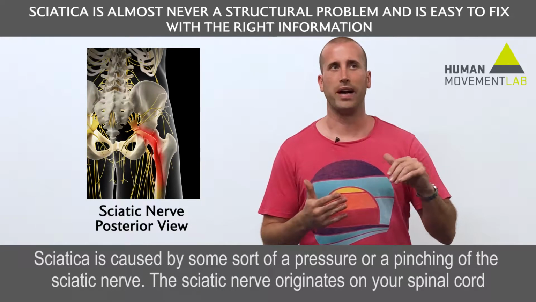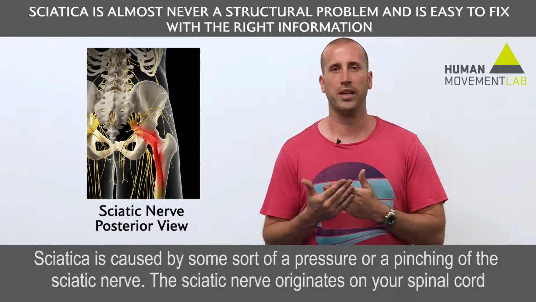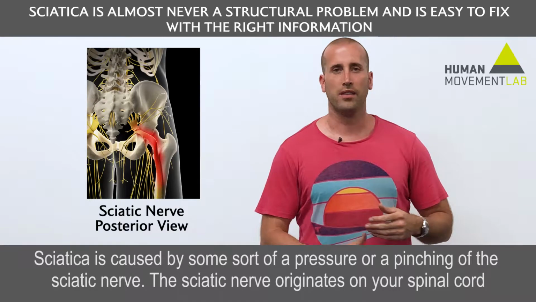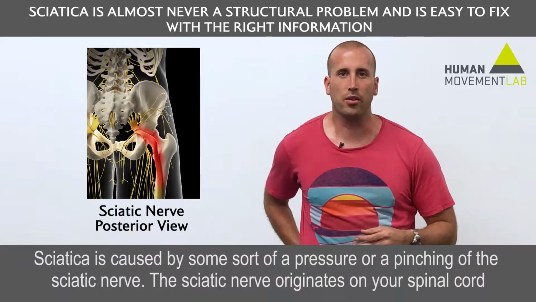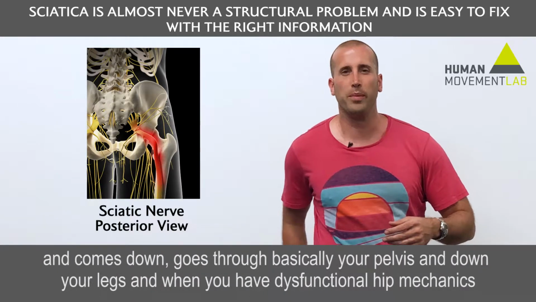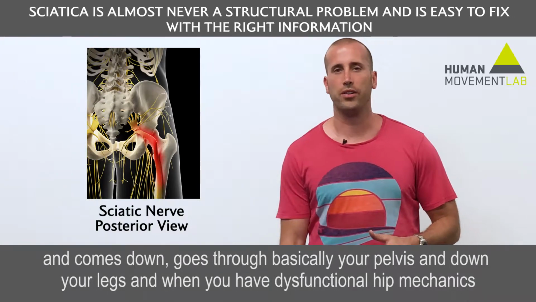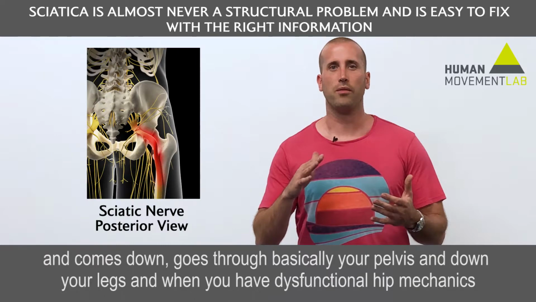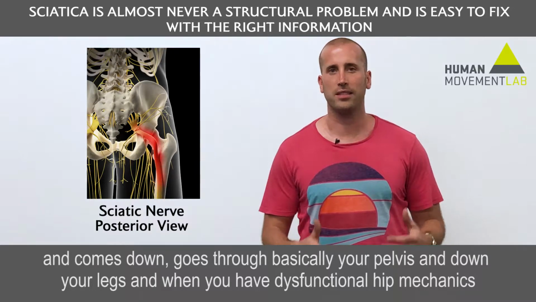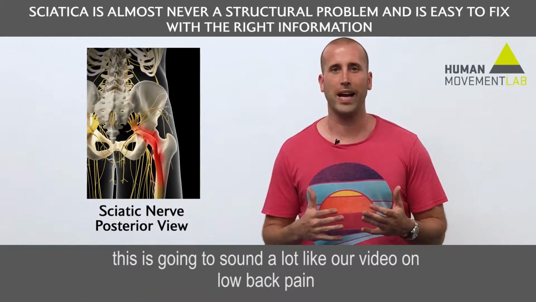Sciatica is caused by some sort of pressure or pinching of the sciatic nerve. The sciatic nerve originates on your spinal cord and comes down, goes basically through your pelvis and down your legs. And when you have dysfunctional hip mechanics, this is going to sound a lot like our video on low back pain.